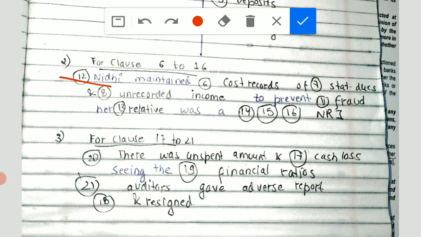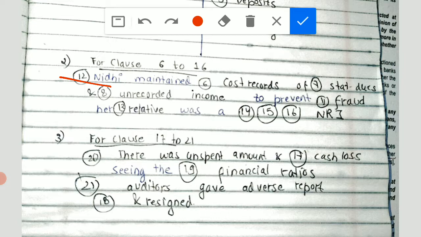She maintains cost records about whether any statutory due is there or not, any unrecorded income is there or not. Why does she do so? To prevent fraud.